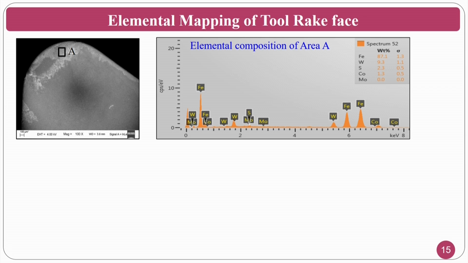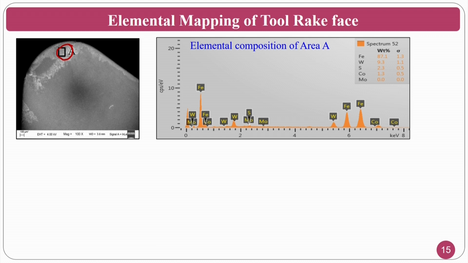For example, this is a tungsten carbide tool slightly adhered by workpiece material, a slight built-up edge formation, and I want to check whether this white area is iron or not.